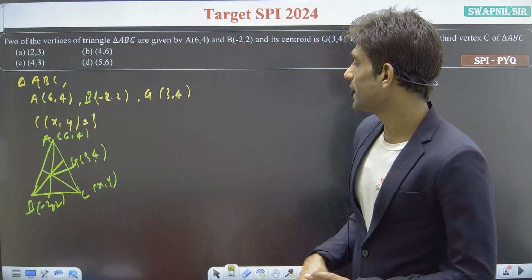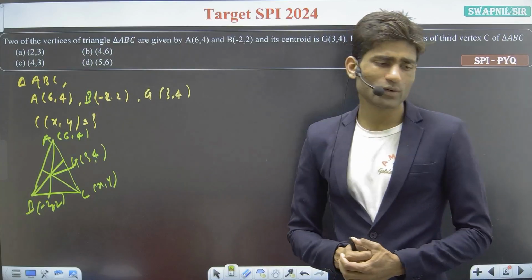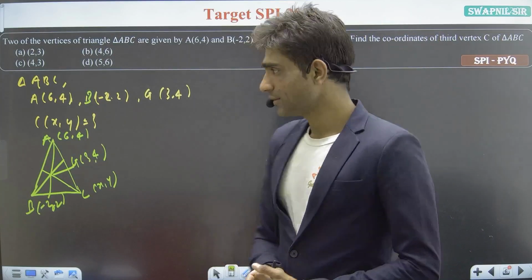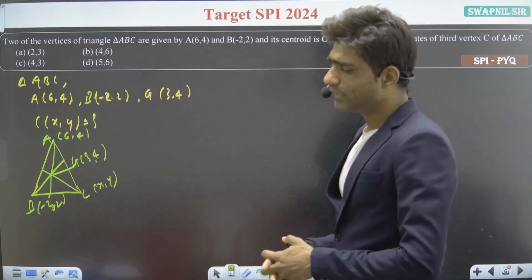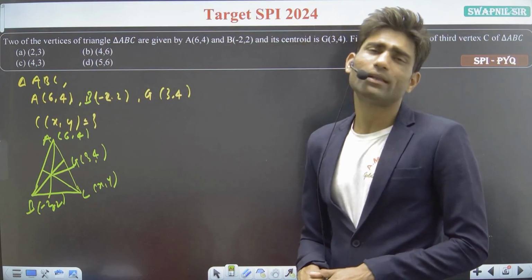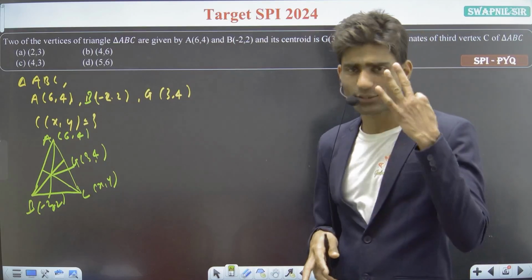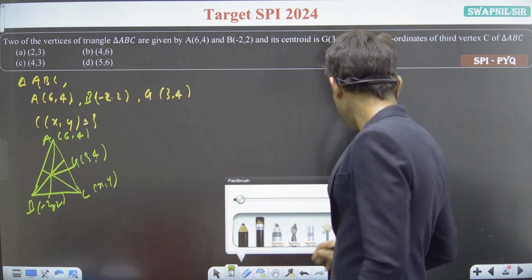So I consider point C as x, y because we want the value for x, y. And let's go for finding the value for x, y. As we know, the centroid of a triangle can be written as the addition of the 3 vertices divided by 3. Let me write the formula first.